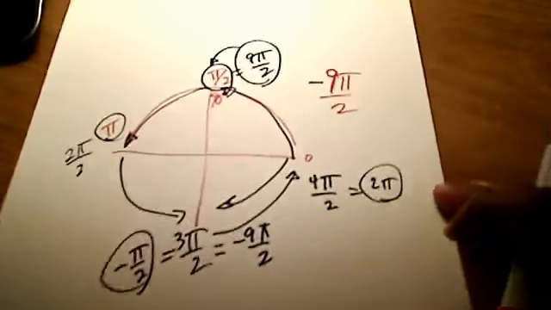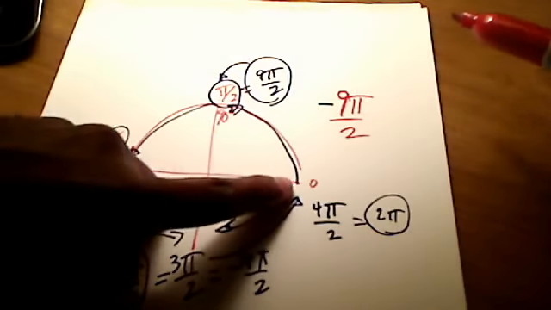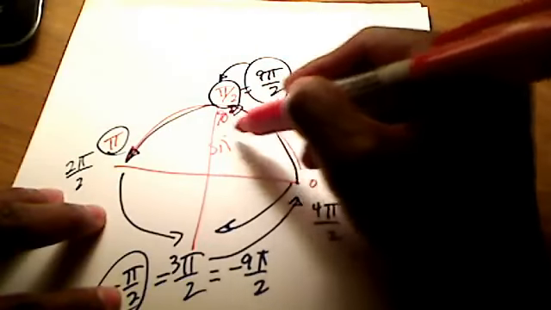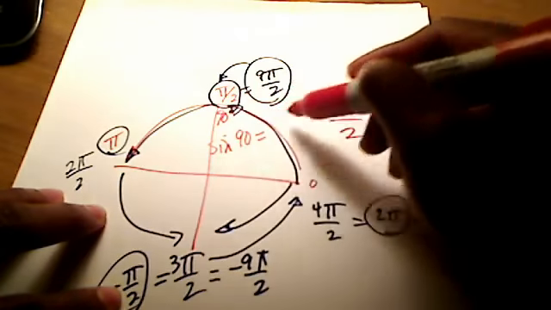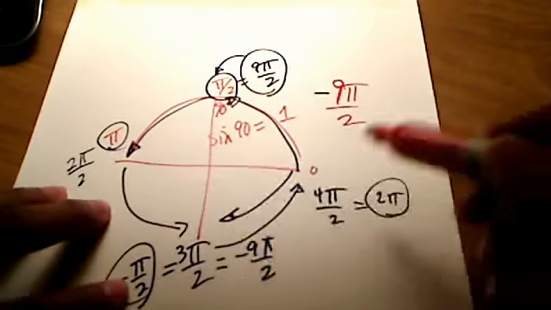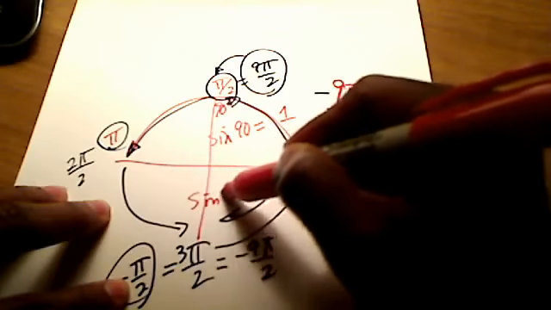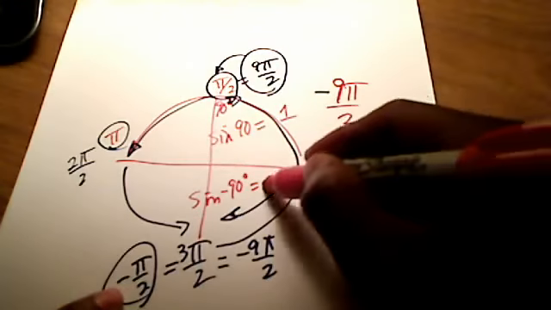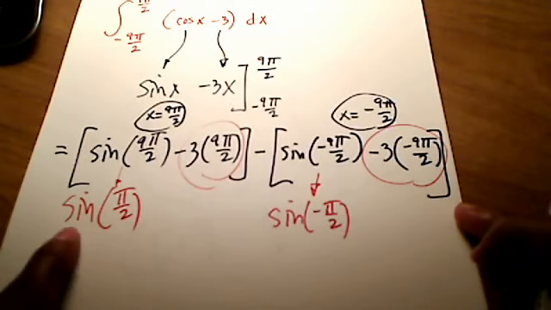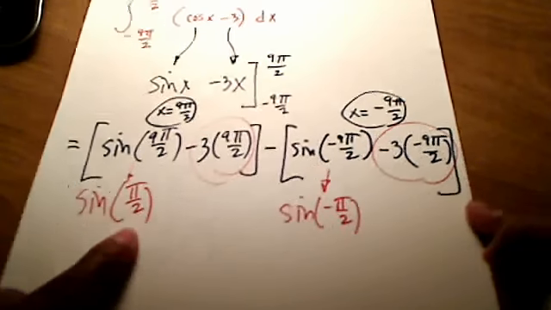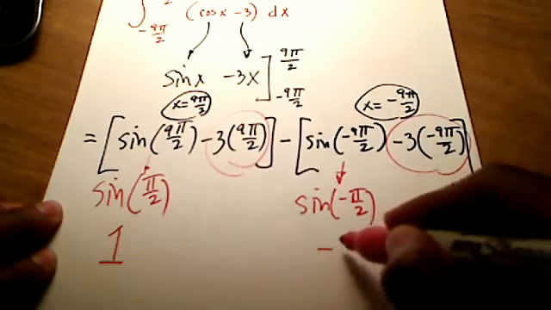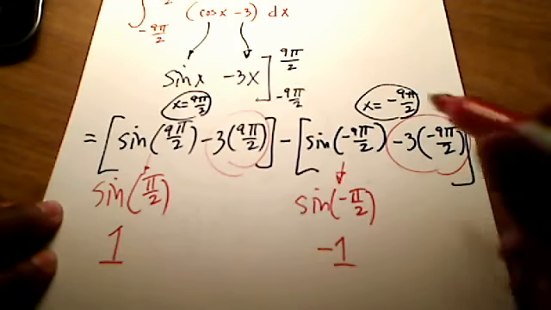But let's go back to this for a second. What is the sine of 90 degrees? Well, the sine of 90 degrees, or pi over 2, is equal to just a positive 1. And similarly, the sine of negative 90 degrees, or negative pi over 2, is equal to negative 1. So back to this: the sine of pi over 2 simply evaluates to a positive 1, whereas this one here evaluates to a negative 1.